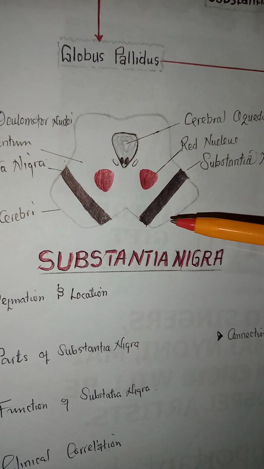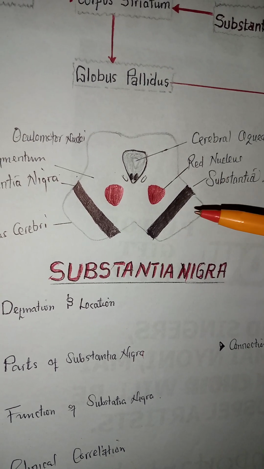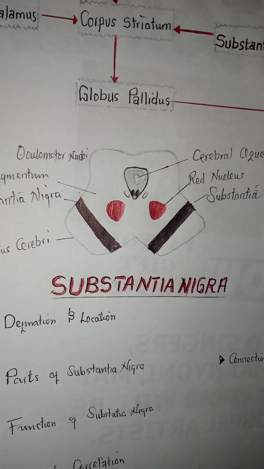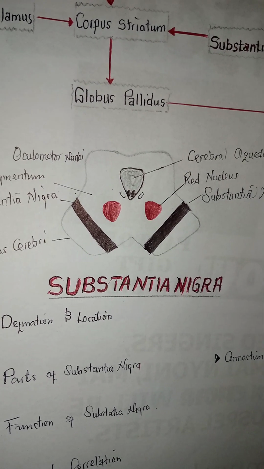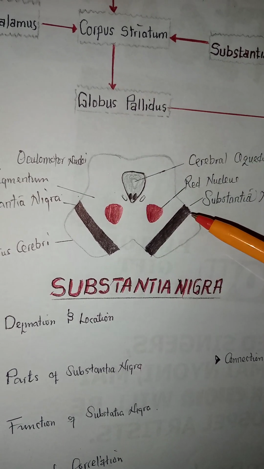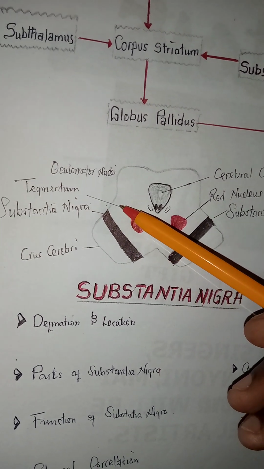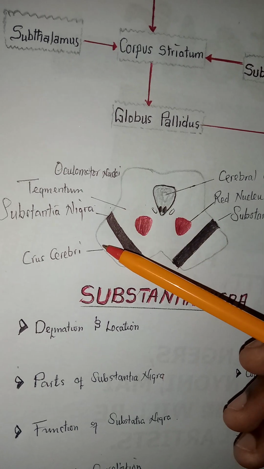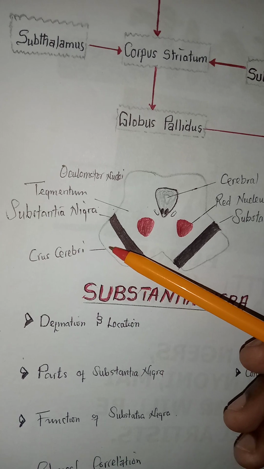So where do you find the substantia nigra? The substantia nigra is basically a curved pigment band of gray matter which is located between the tegmentum, this portion here, and the crus cerebri, which is this side.